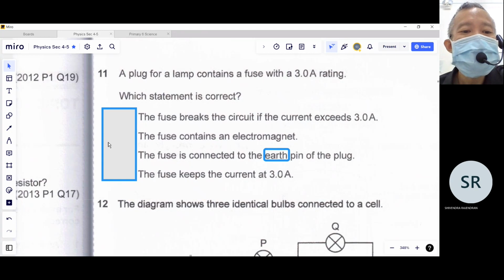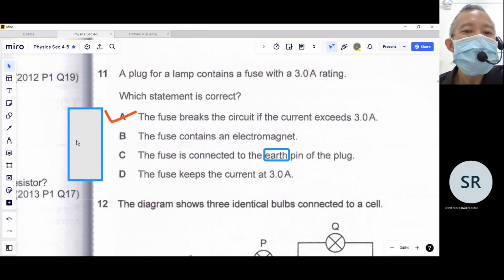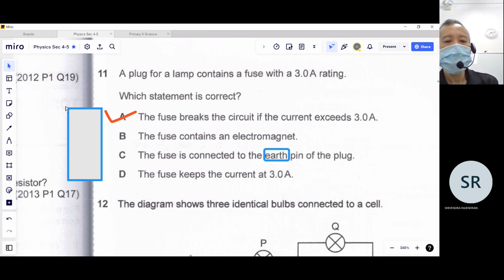Basically, the fuse is to prevent an overcurrent. If the current becomes too high, the fuse will melt and basically cut the circuit, or open the circuit.